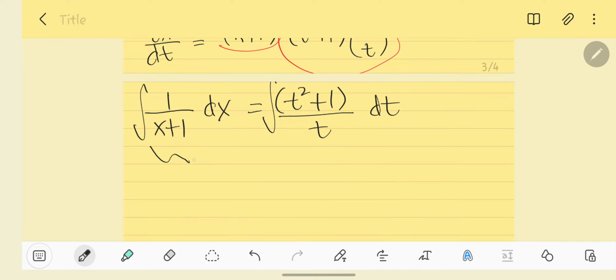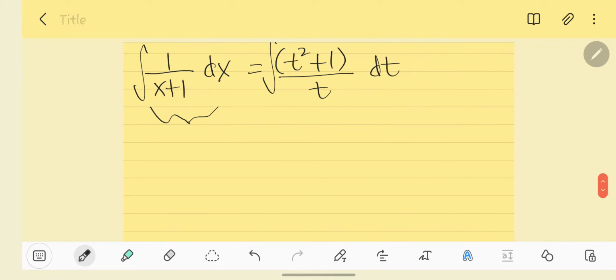So let me try to solve the equation on the left side. So 1 over x plus 1 dx. You know that 1 over u du is equal to the natural log of u. So this becomes natural log of x plus 1.